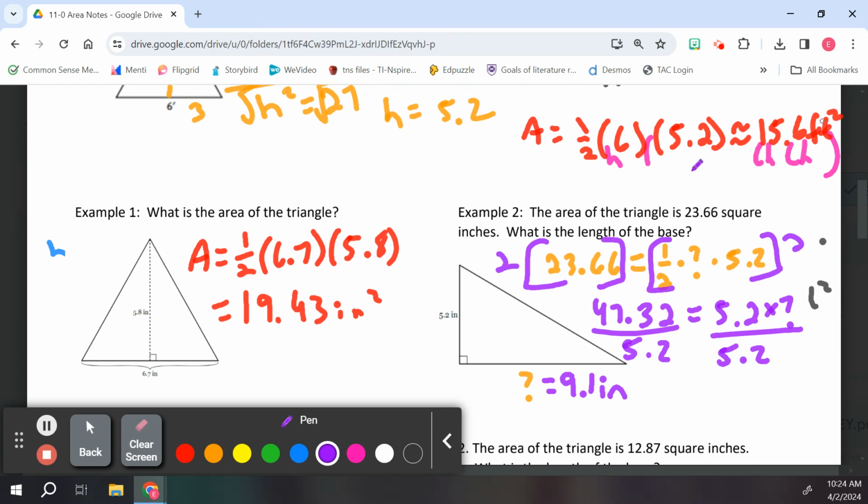Riddle me this. If they wanted us to find the perimeter, how would we find this part? Who can tell me? I'm not saying we're going to. I'm just saying, what theorem would we use there in order to find that side? Begins with a P. Old dead guy.